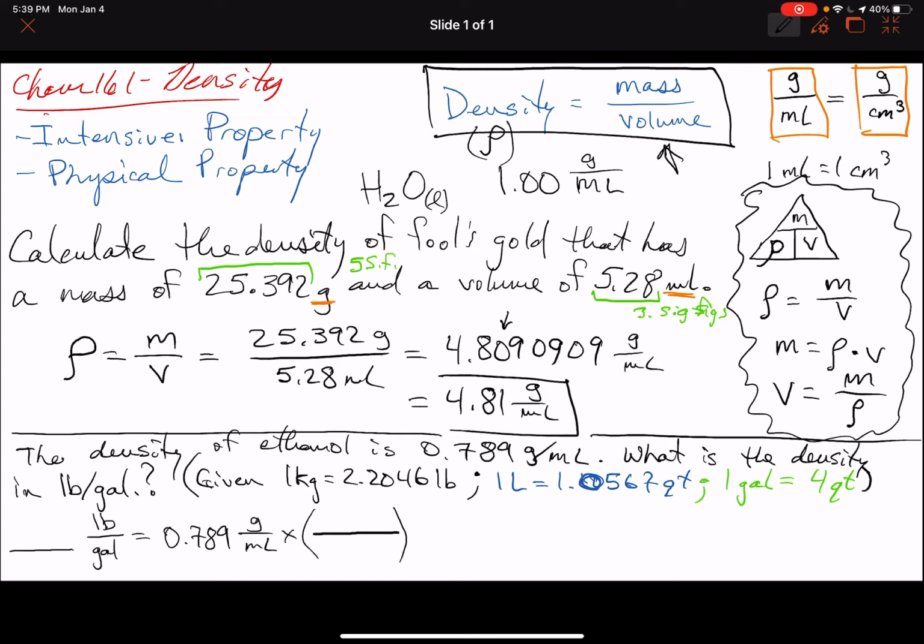So starting with grams per milliliter, we want to transform grams ultimately into pounds. Perhaps we can start by transforming grams into kilograms. So let's cancel the gram and get into kilograms using a conversion factor. That's what we have in the parentheses here. So let's do 1 kilogram is equal to 1,000 grams.